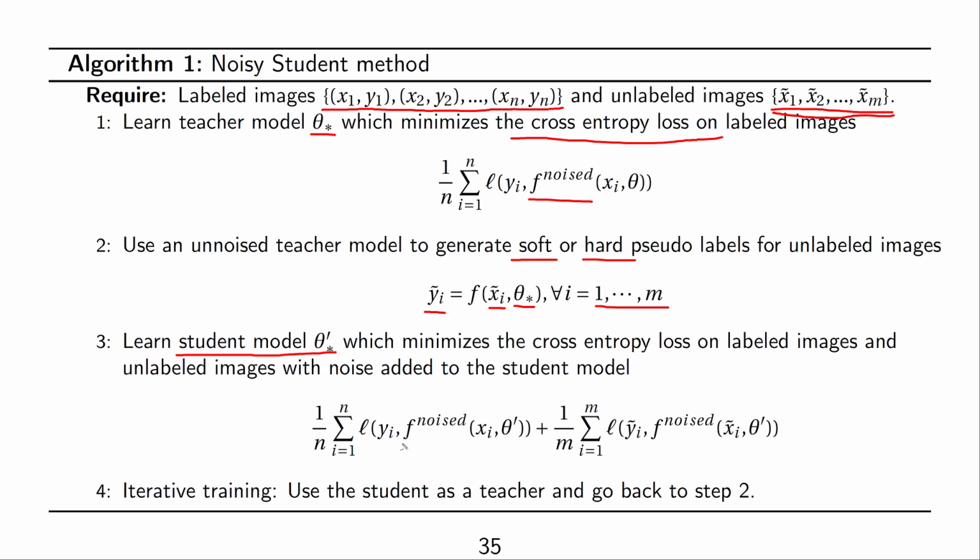Now notice that as we are training this student model, again we use the sources of noise, such as dropout or data augmentation. And we do that for both the initially labeled images and the unlabeled images that now have pseudo-labels.